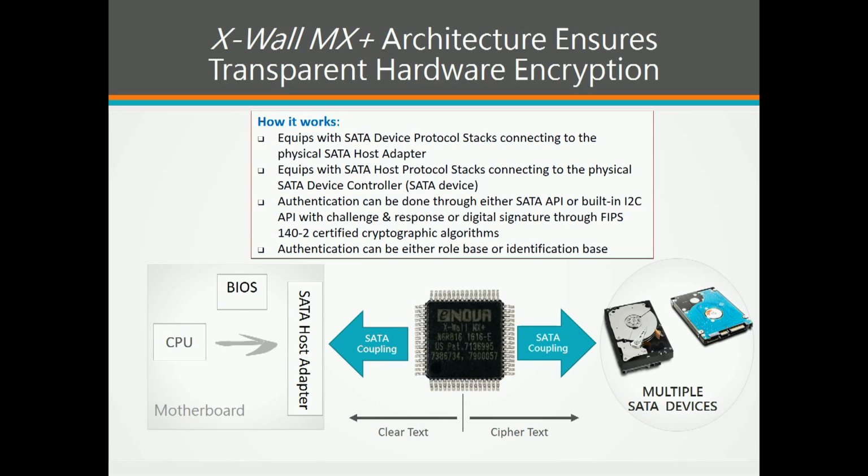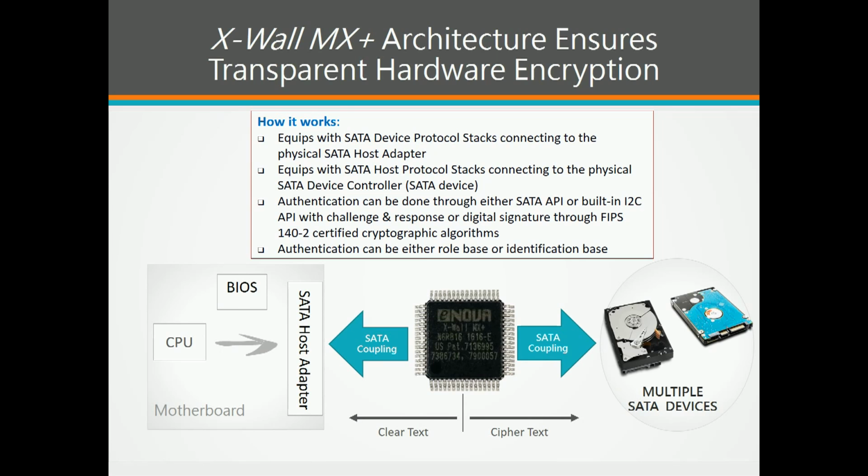The SATA host controller is not able to see that an MX+ exists, unless you want to tell the SATA host controller there is an MX+ in between. Likewise, the SATA device cannot see that the MX+ is sitting in between, so this is a transparent and invisible device.